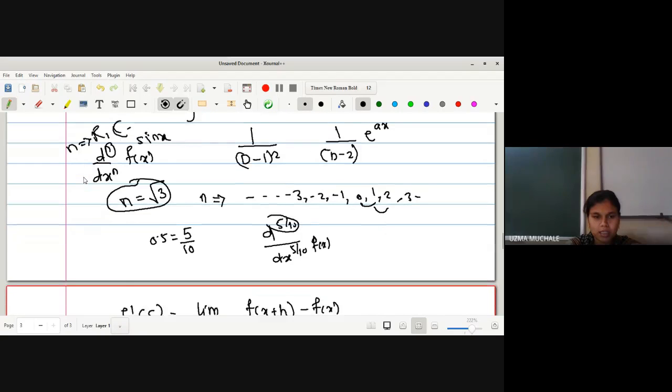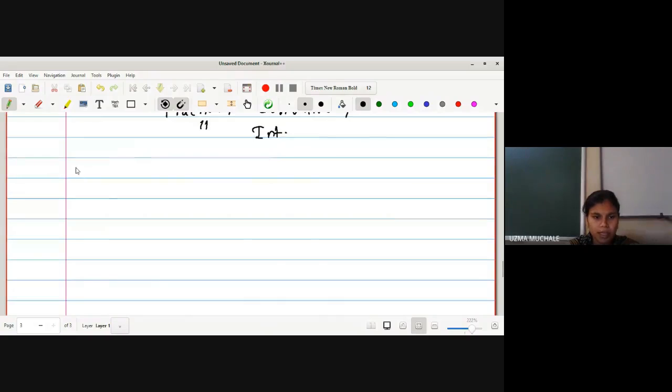this was given by Leibniz. Leibniz rule for integration derivative we have studied. Actually, Leibniz has written this for d n by dx raised to n of f of x, correct?